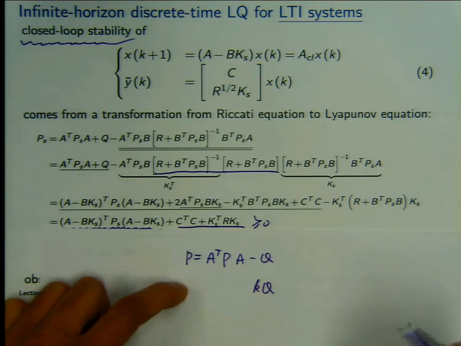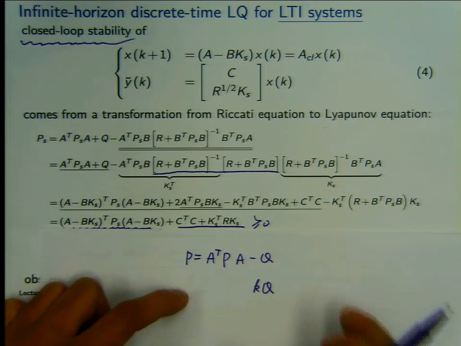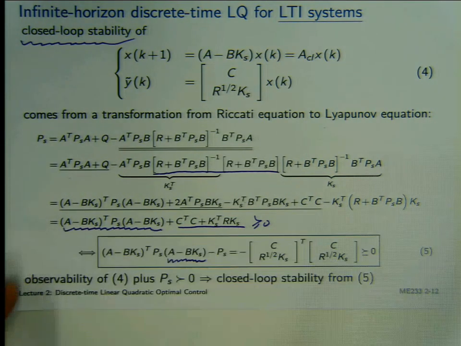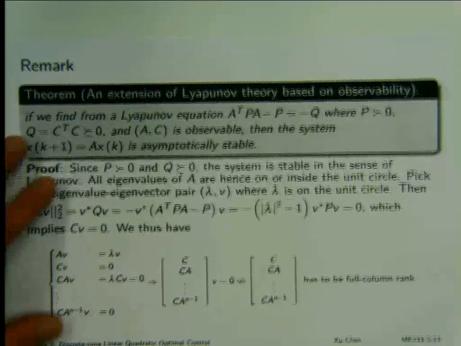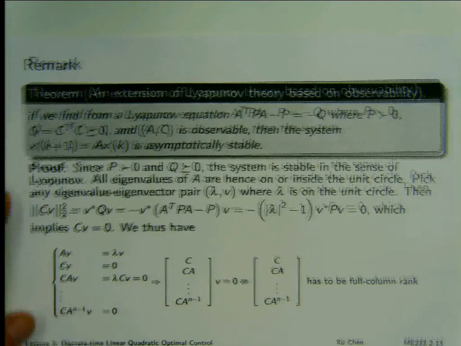So uniqueness is not the dominating factor here. So what's remaining to be done? I've shown the system is stable in the sense of Lyapunov. I have to somehow conclude it's asymptotically stable. That's one more step, and I will show you this powerful theorem.